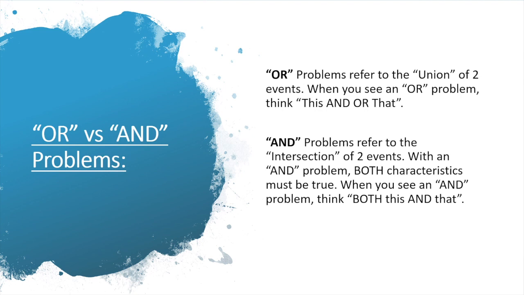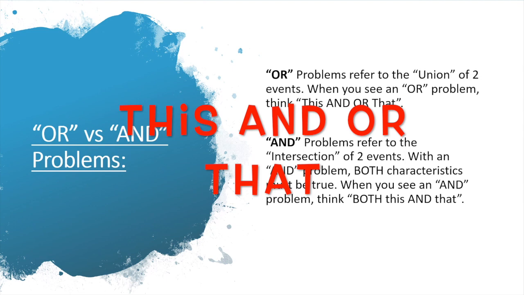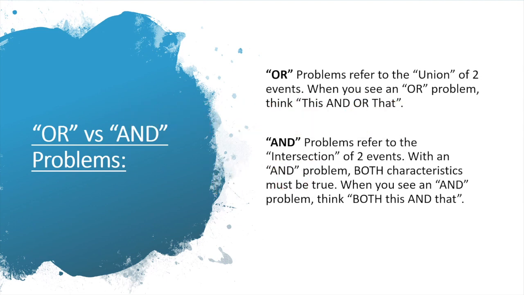Or is very inclusive. You can be this and or that, and we'll take anybody. Anybody can join our club as long as you have this and or that. So when you see an or problem, always think it could be this or that, or it could be both of them. You just have to have either one of those options to be part of the club.